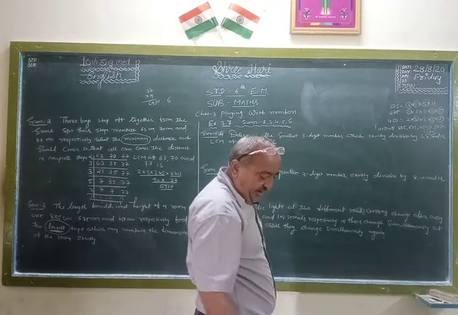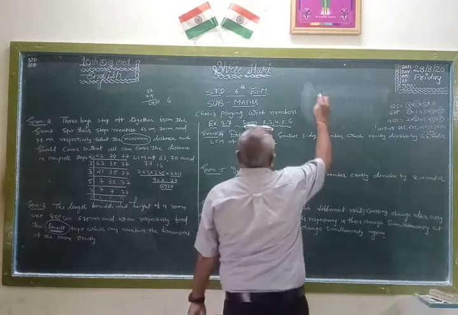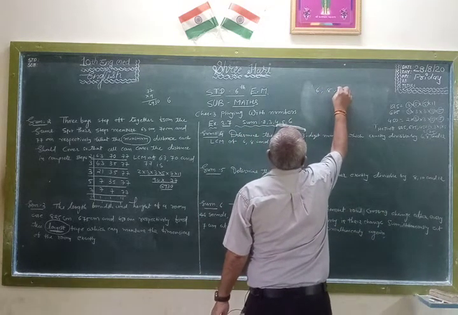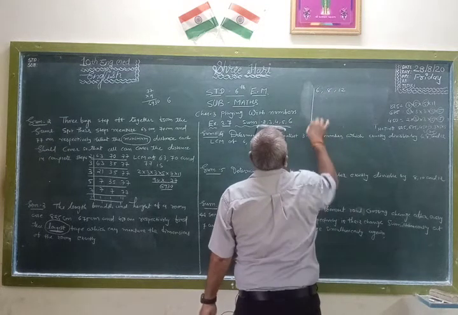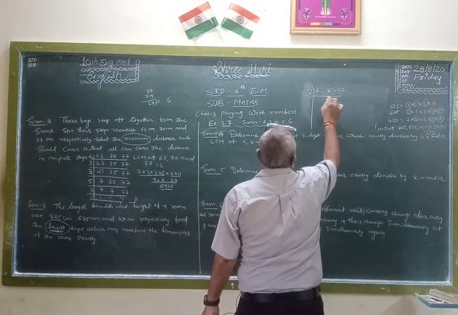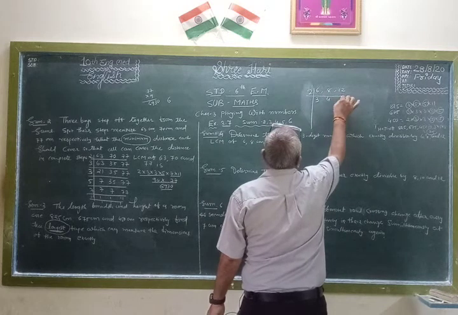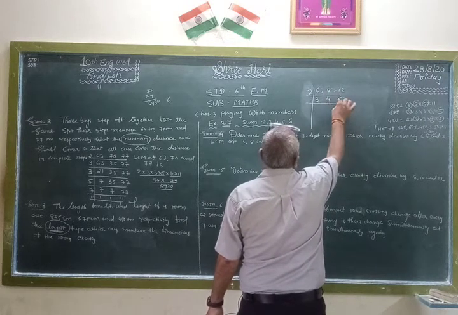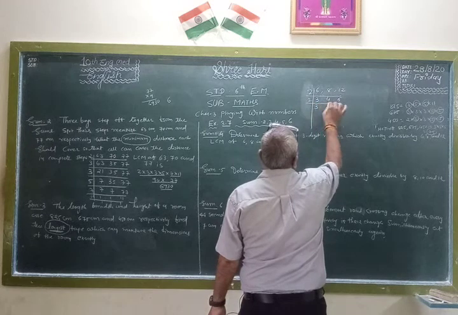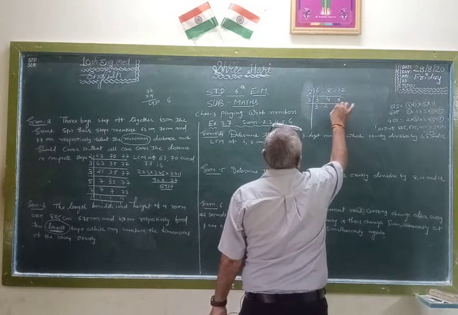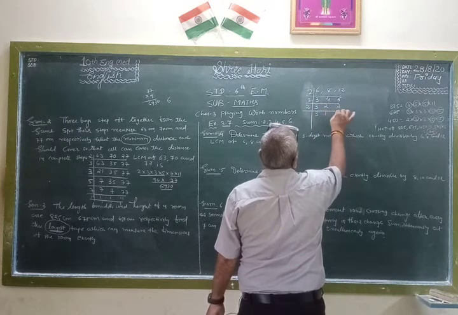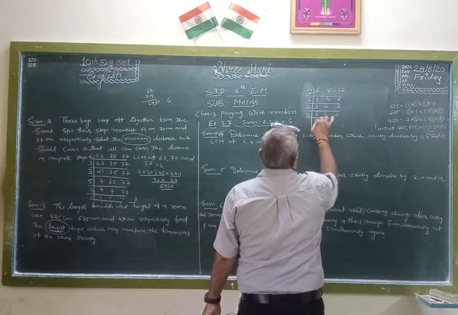We want to find the LCM of 6, 8 and 12. Start from 2: 2 threes are 6, 2 fours are 8, 2 sixes are 12. 3 can't be divided but both are divided by 2, so 3 as it is, 2 twos are 4, 2 threes are 6. Now 2, 3 as it is, 1, 3 as it is, 3 ones are 3.